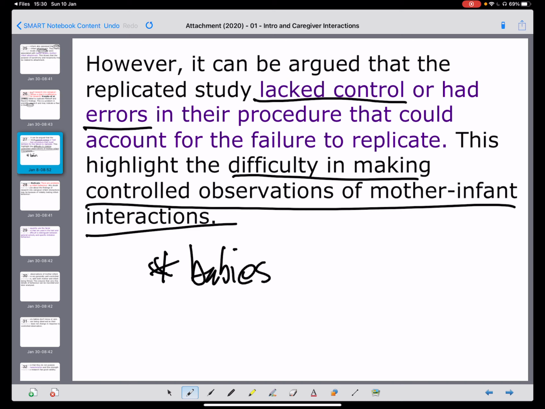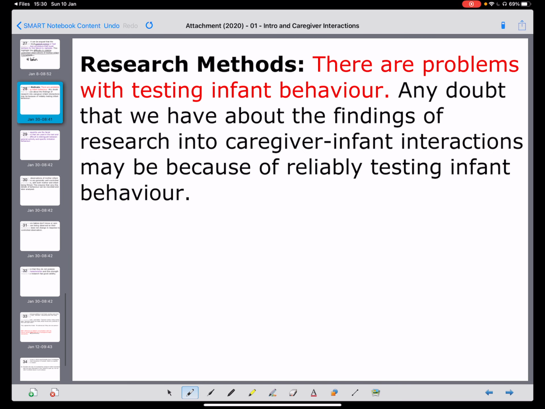And often that's the problem with trying to research them. And so whenever we are looking at this type of research, we need to consider the research methods. And there are lots of problems with this, okay? Lots of problems with researching babies.